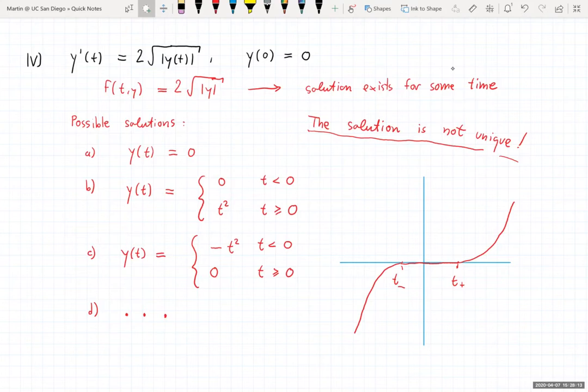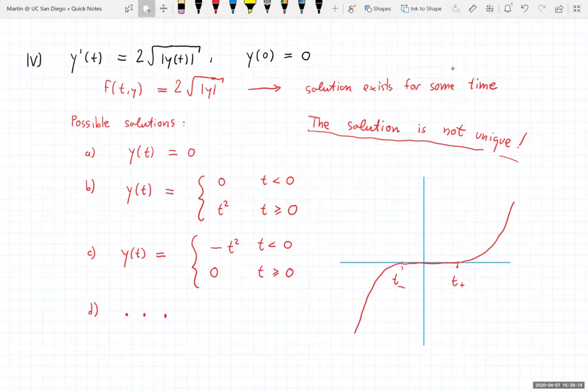And let's take a look at the right-hand side of this initial value problem. Then we see that the right-hand side can be conceived as a function in t and y. In fact, the formula for f of t and y is equal to 2 times the square root of the absolute value of y. That function is continuous.